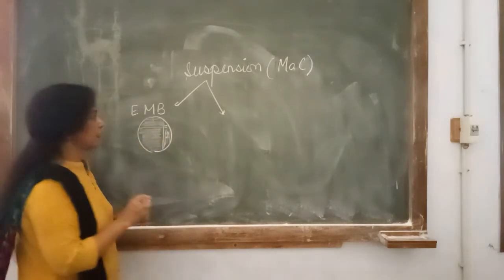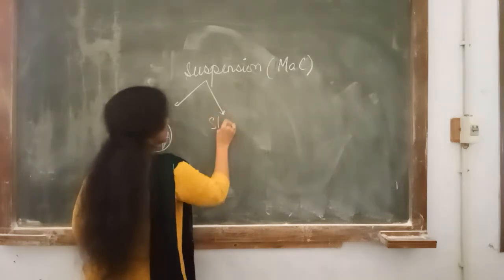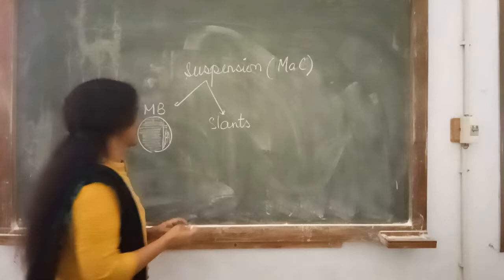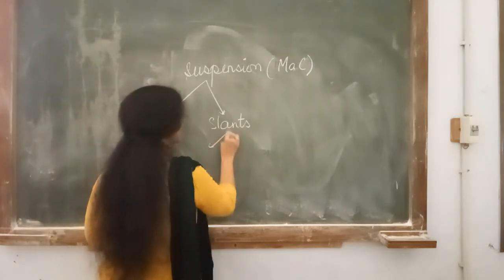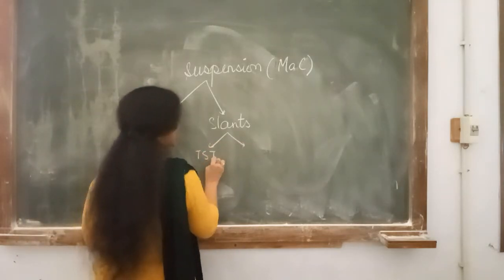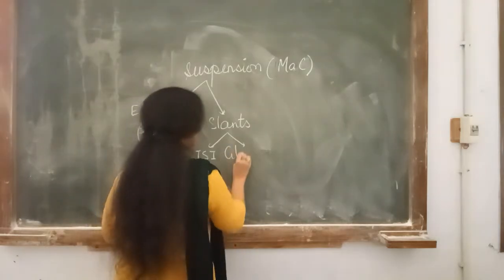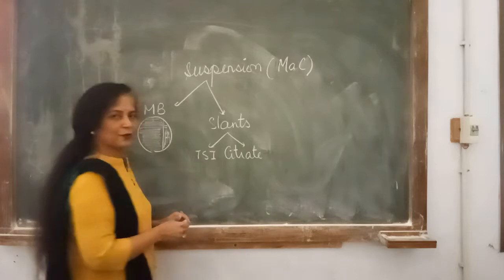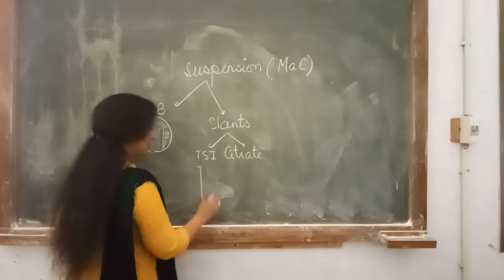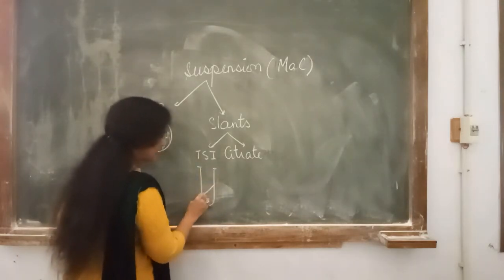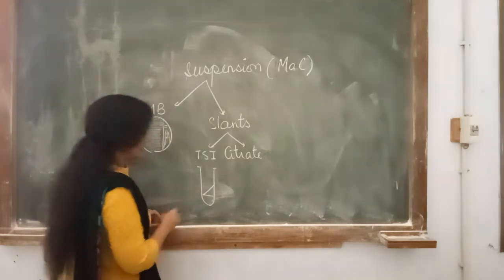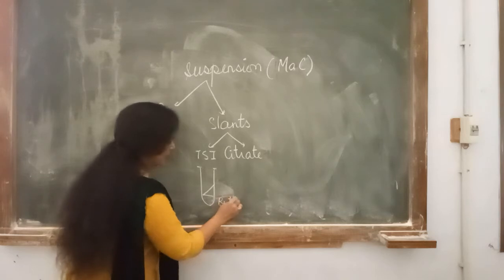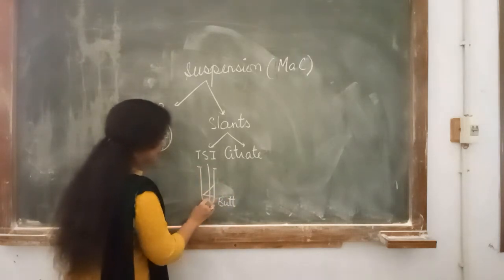Okay. Now then after we will go for inoculation of slants. So we have 2 slants, TSI and citrate. Okay. So now in case of TSI slant, you know that you are going to inoculate butt as well as slant surface. Okay. So first of all, butt is to be inoculated with the help of straight wire.